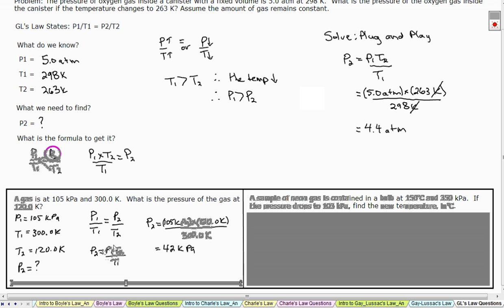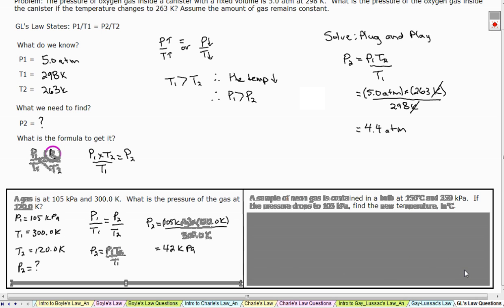I figure out what to do with my formula, what my relationship is. Again, I'm solving for my final pressure, and I plug my values in, and I get my final reading of 42 kilopascals. Now initially I started with 105 at 300 Kelvin. Temperature dropped by 180 Kelvin, so that's going to reduce my pressure greatly, and my temperature dropped by more than half, and we can see that the pressure also dropped by more than half.